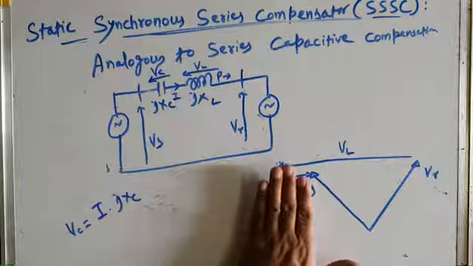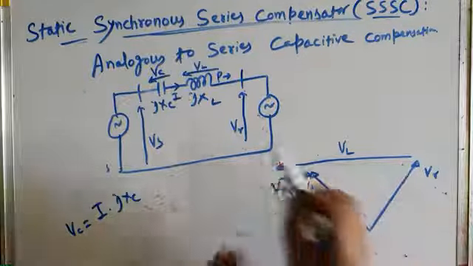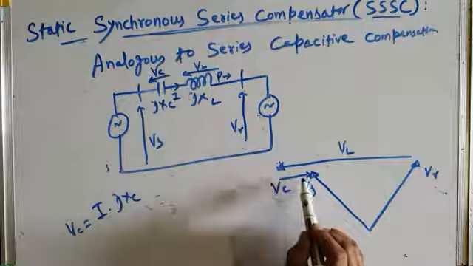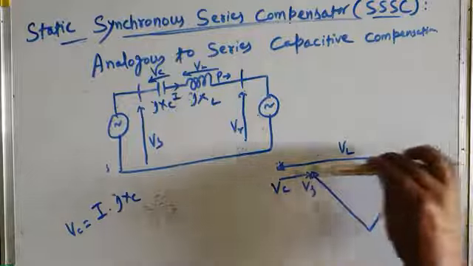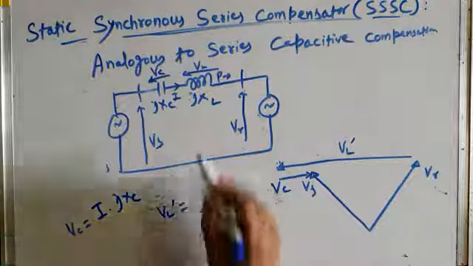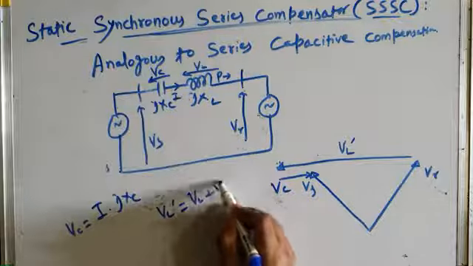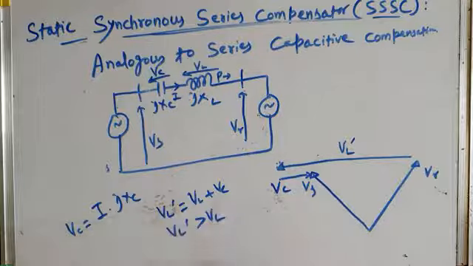Without the series capacitor, your transmission line voltage is only up to this point, VL. But with the series capacitor, this voltage VC increases the overall voltage across the transmission line. Let me call this VL dash. And what is this VL dash? It is VL plus VC. So it increases. This VL dash is greater than VL.